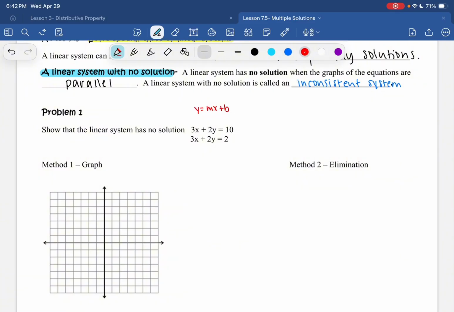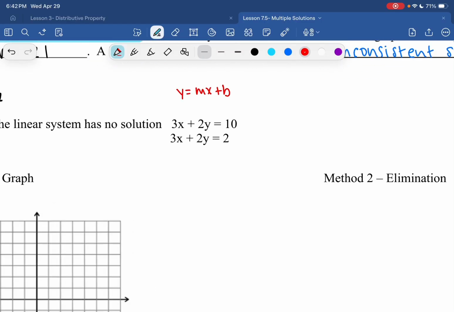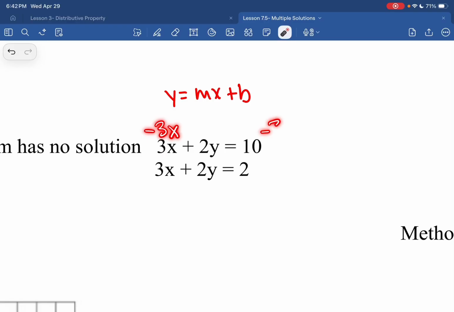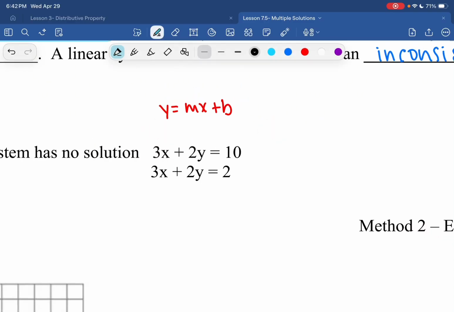So we have 3x plus 2y equals 10. Right off the bat, I know we are going to have to move our 3x over to the right side. The inverse of positive 3x is negative 3x. And remember, you need to do that on both sides of your equation.